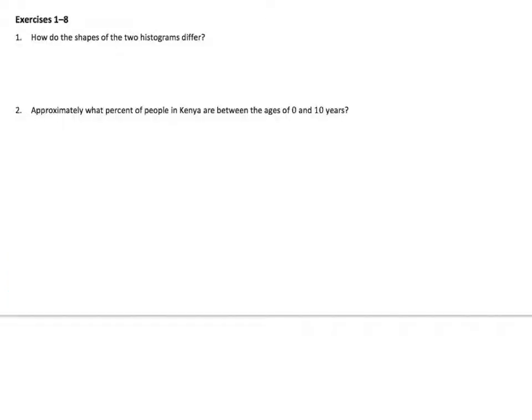How do the shapes of the histograms differ? We have Kenya, the first one, where we have a slow decline. And then we have the U.S., where we really don't have a decline until the end.